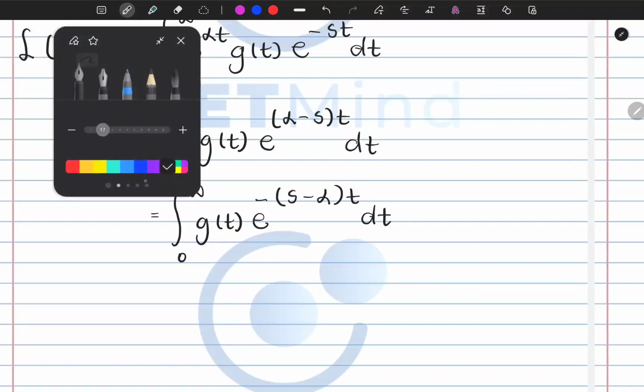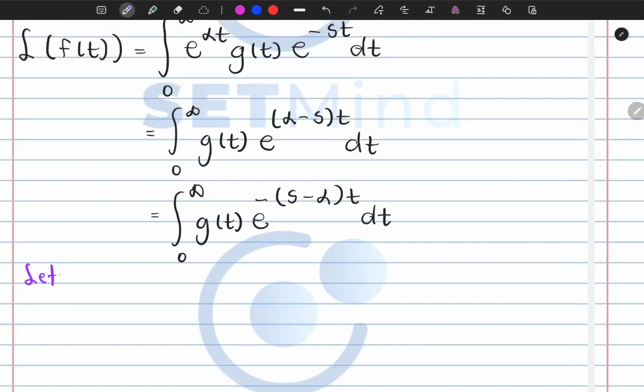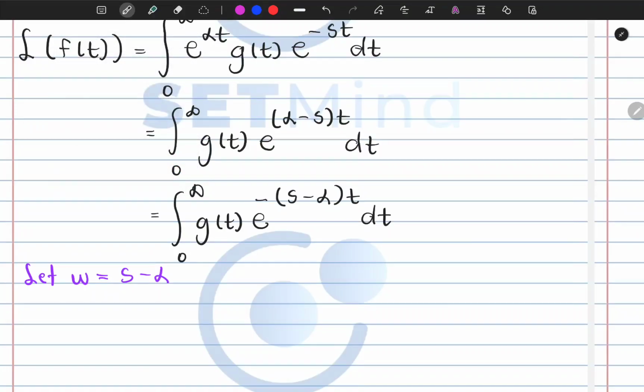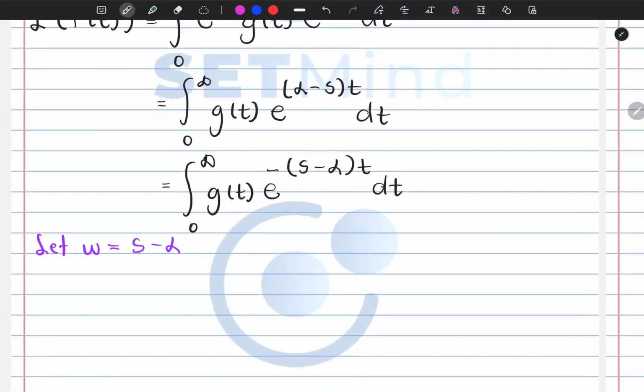So what I'm going to do is let W be equal to s minus alpha. And now I want to write the entire expression in terms of W. That is what we want to do.